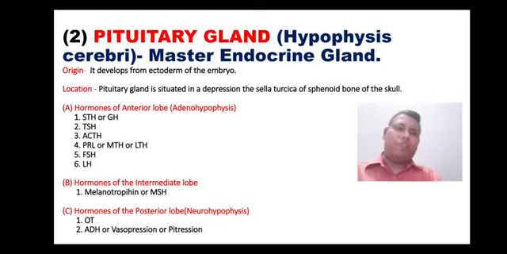Hormones of the pituitary gland. A. Hormones of the anterior lobe, adenohypophysis.